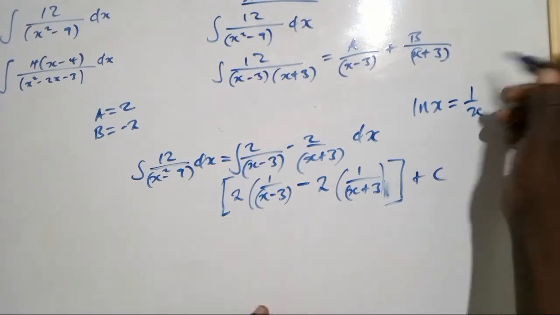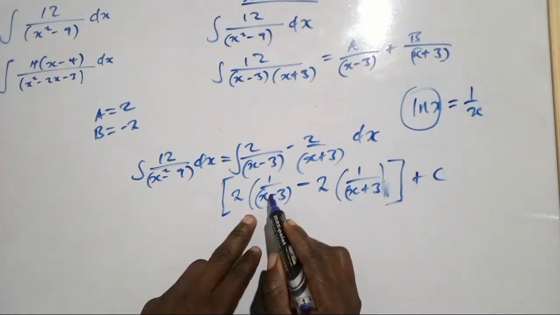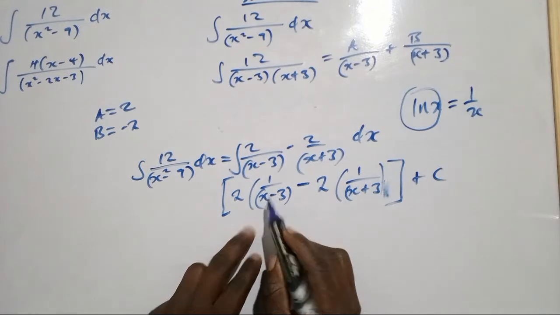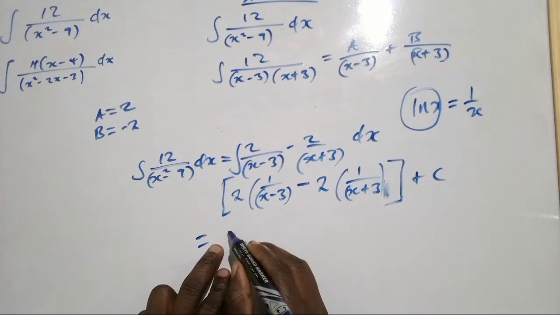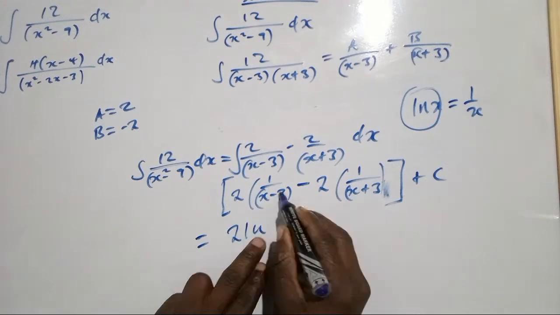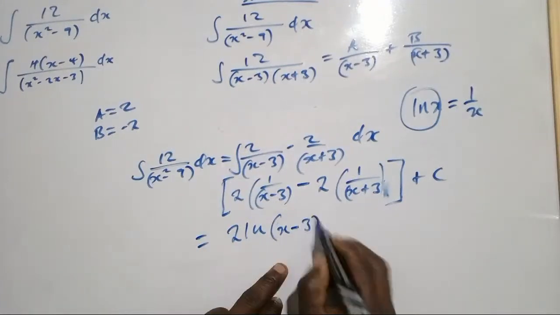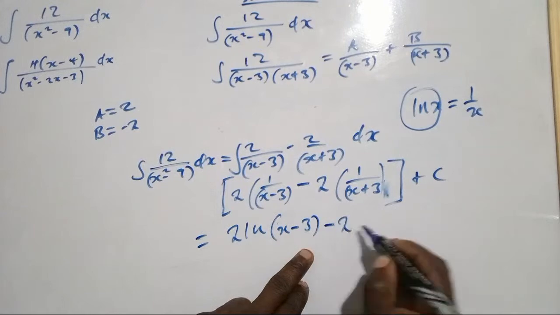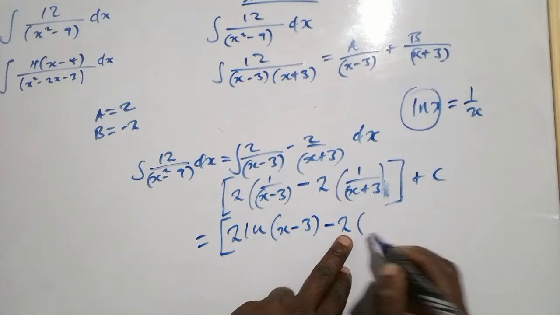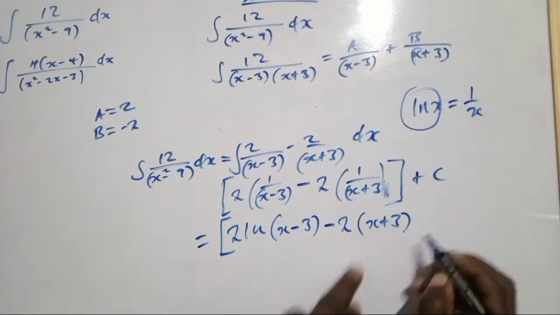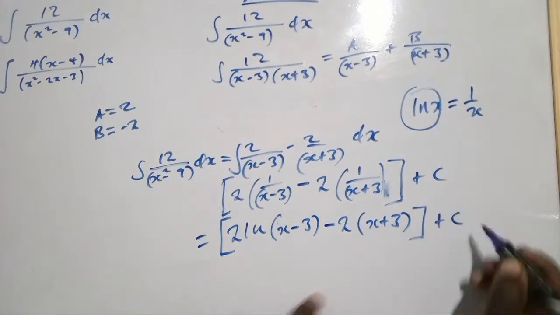Now because we are integrating, we are taking back into this term here, so we are going to do the same thing, in which it will be equal to 2 ln of x minus 3, then minus 2 ln of x plus 3, close square bracket, then plus c, right?